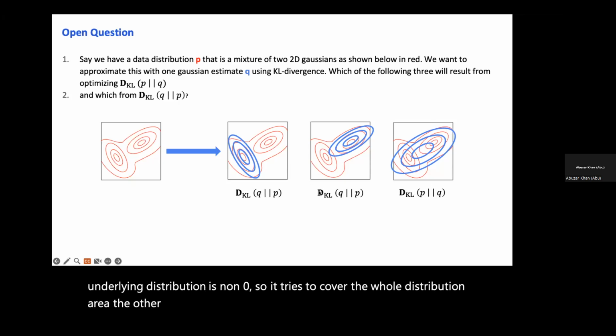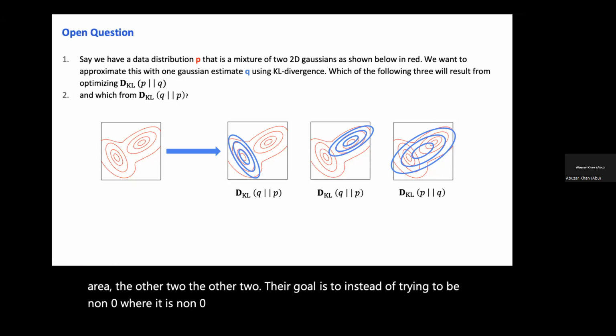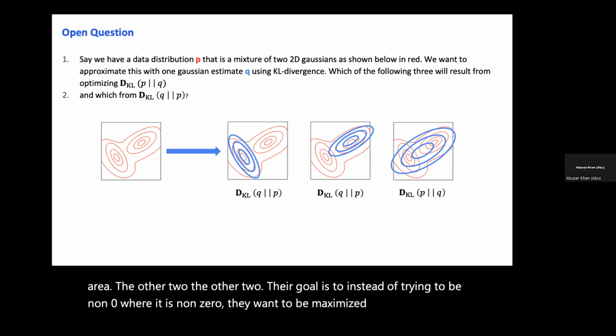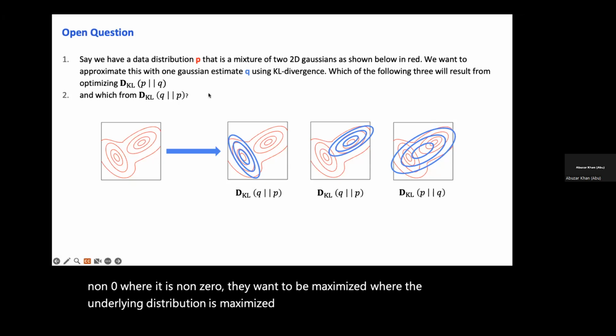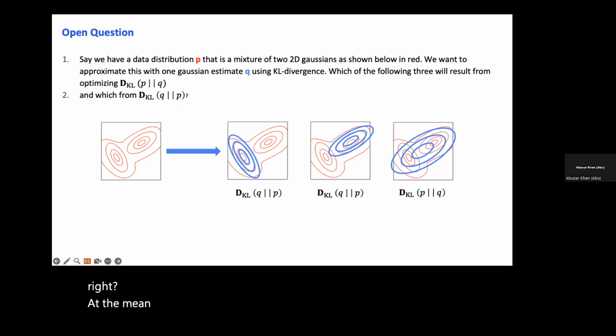The other two, instead of trying to be non-zero where it is non-zero, they want to be maximized where the underlying distribution is maximized. And of course, in a Gaussian, the maximum probability density lies in the middle, at the mean of the distribution.